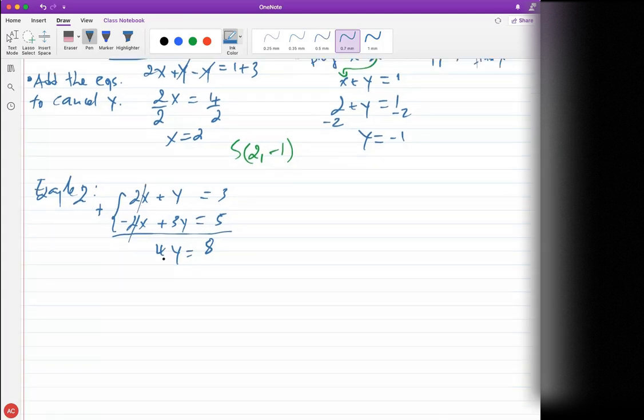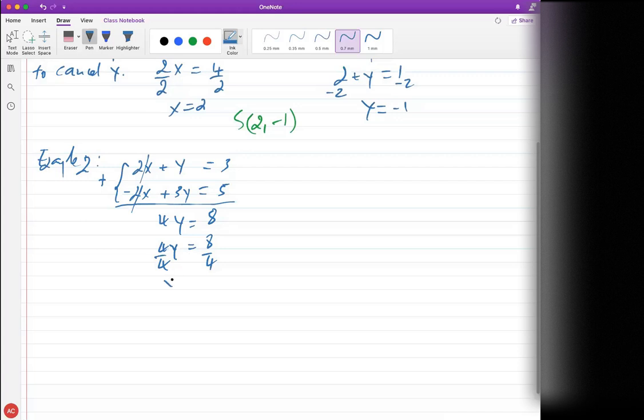So good, we have an equation with one variable, so we can divide by 4, divide by 4. So y is 2. So that's our first, basically half of the answer. So we still need to find x. To do that, we're going to use what we found here.